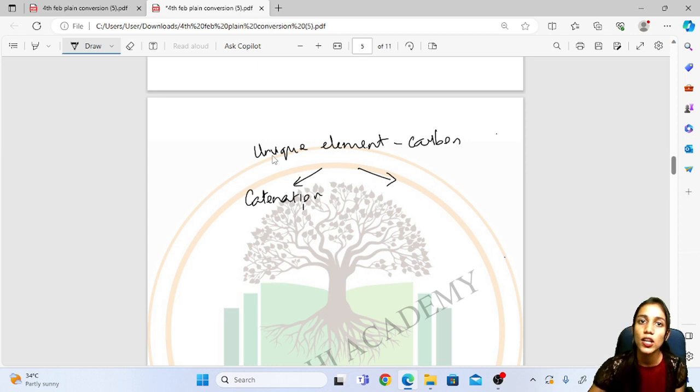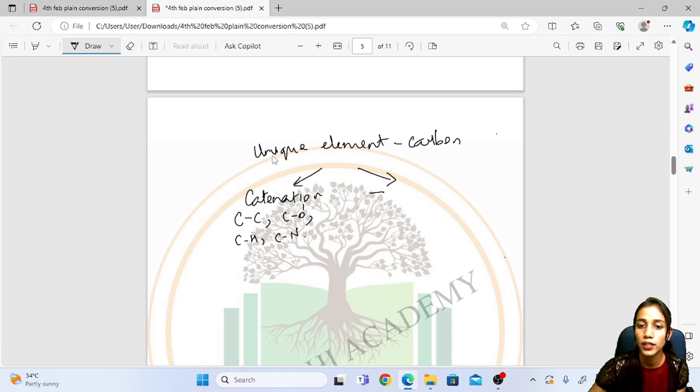Catenation is the ability of carbon to form bonds with atoms of other elements, or to form bonds with carbon itself. So it can form bonds with carbon, then carbon-oxygen, carbon-hydrogen, carbon-nitrogen. This property of carbon is known as catenation.